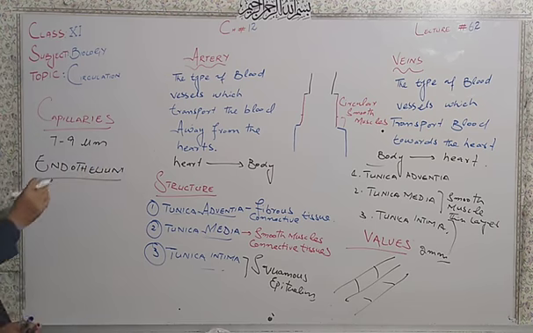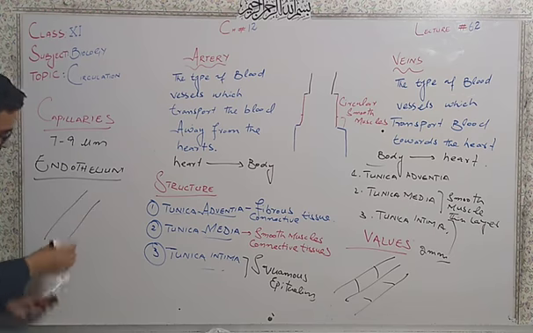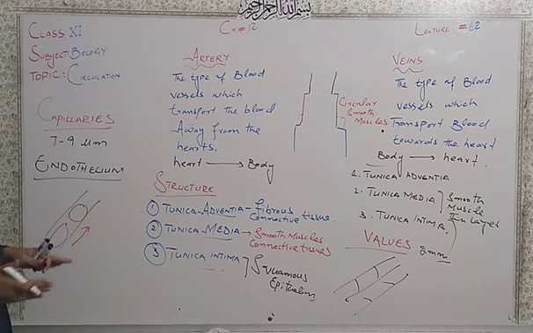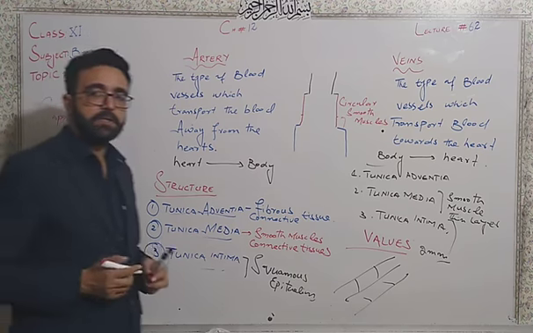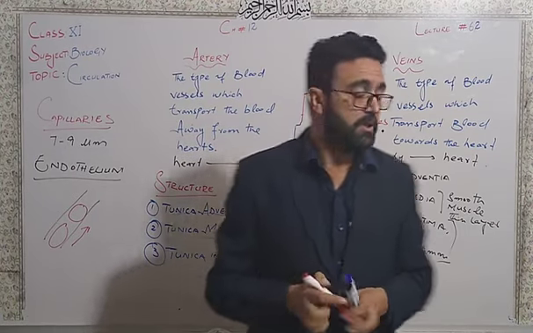They are so thin in some parts that two RBCs can't pass parallel, but they will just travel in a single file. Capillaries are a very important part for the exchange of different materials.